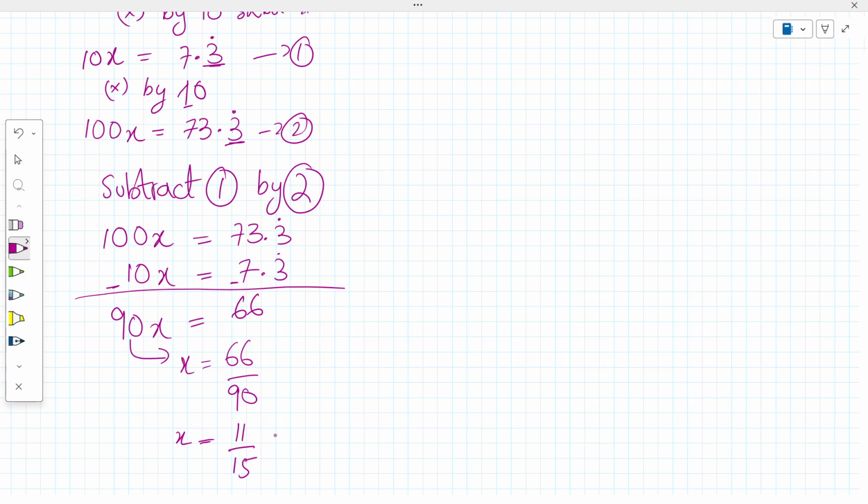So it means that 11 divided by 15 will give us the value of 0.73 with the dot. So this is the answer. I hope you got this.